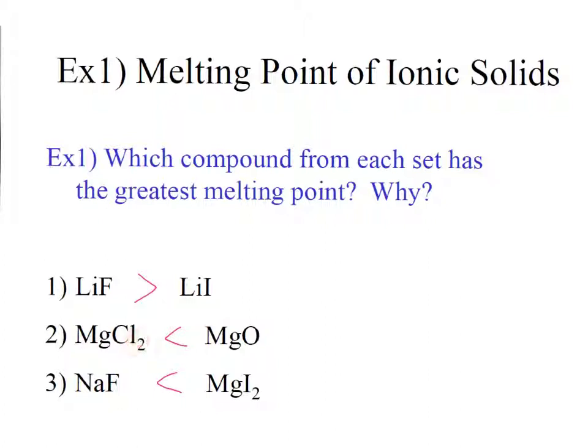With the magnesium chloride versus magnesium oxide, remember, we're looking at the charge of a single ion, so this would be 2 plus and -1, so 2 times 1 equals 2, and then 2 times 2 equals 4, and so this one is going to have a higher melting point.